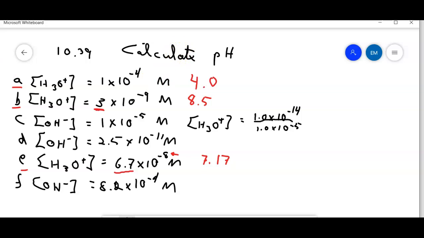This is going to be 1.0 times 10 to the minus 9. Actually, I really should only be using one significant figure here, 1 times 10 to the minus 9.